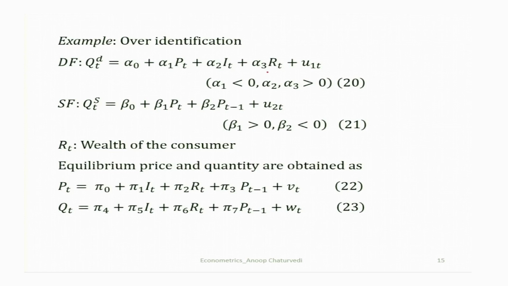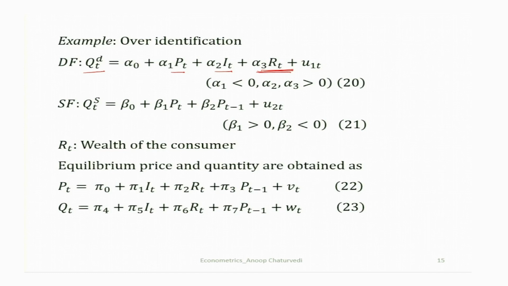Here r t is the wealth of the consumer. So, we presume that the quantity demanded depends upon the price, the income and wealth of the consumer.